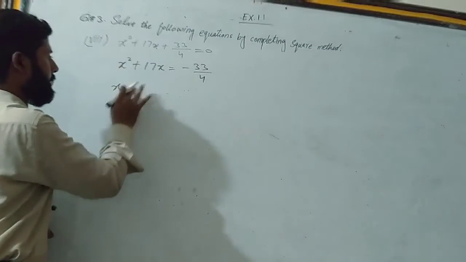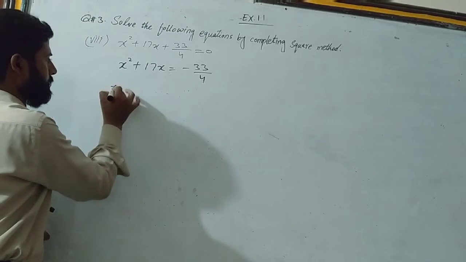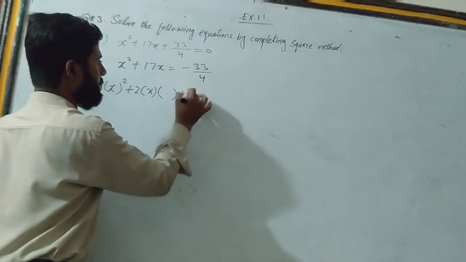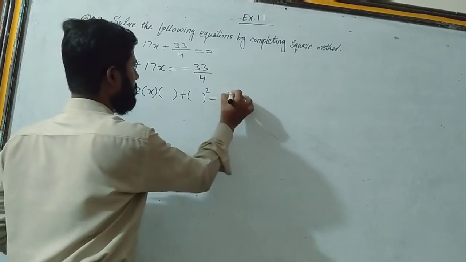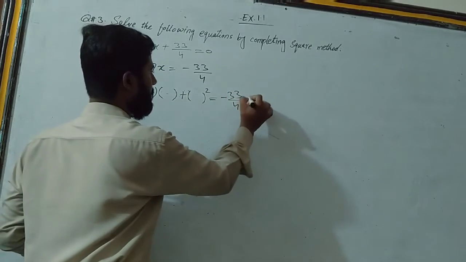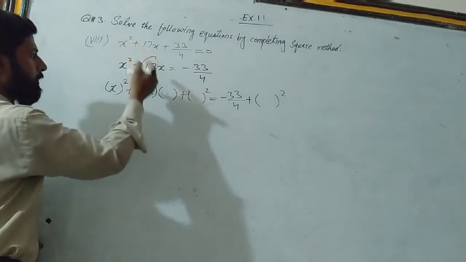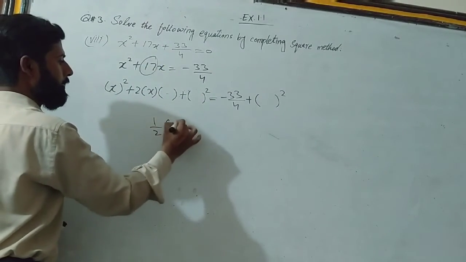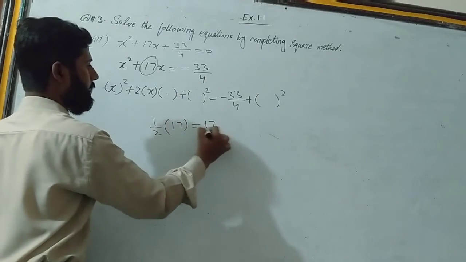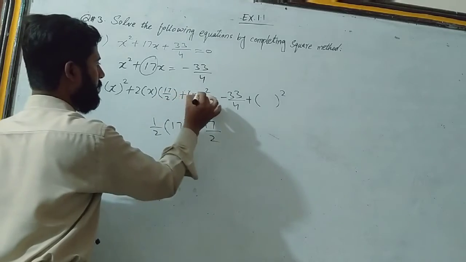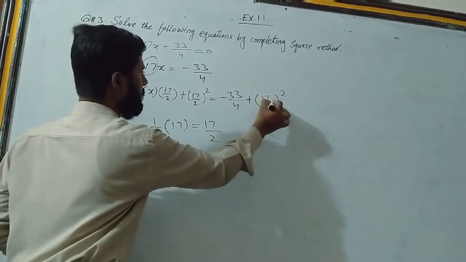So we will move towards the formula: x whole square plus 2 into x into second term plus the square of the second term is equal to minus 33 by 4 plus the square of the second term. How to find the second term? The coefficient of x we have to multiply by 1 by 2, so 17 1 is 17 by 2. The second term is 17 by 2. Here also 17 by 2 and 17 by 2.